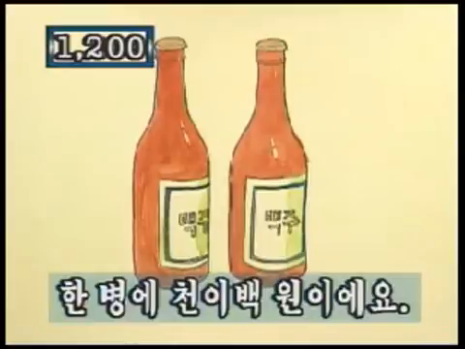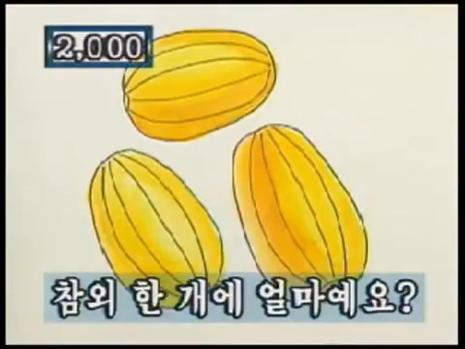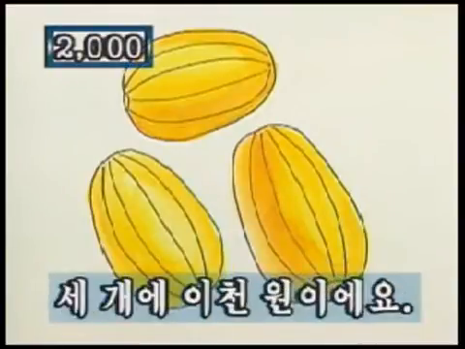It costs 1,200 won each. 한 병에 1,200원이에요. How much are the melons? 참외 한 개에 얼마예요? It costs 2,000 won for three. 세 개에 2,000원이에요.